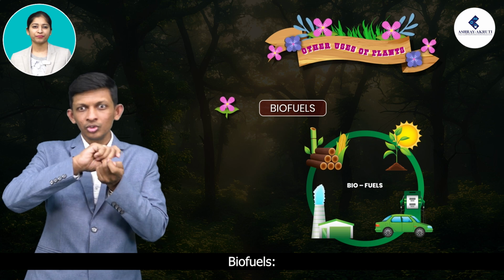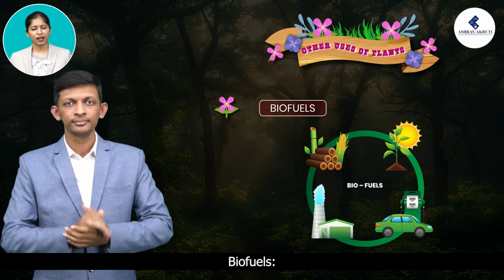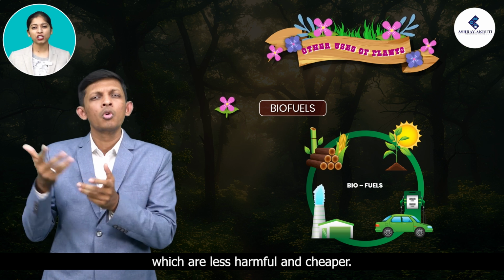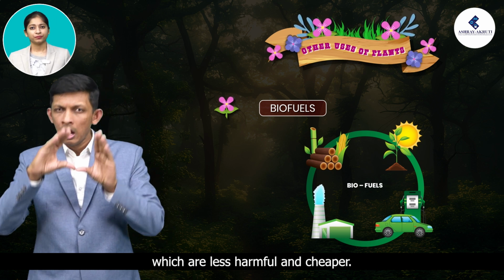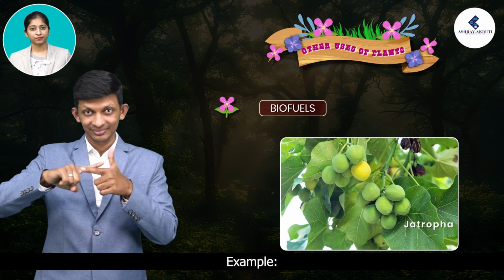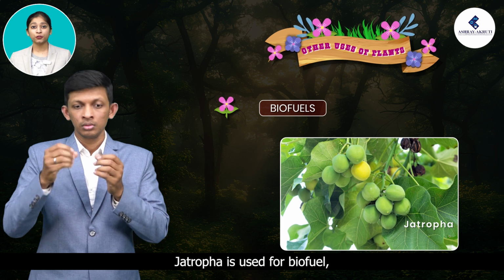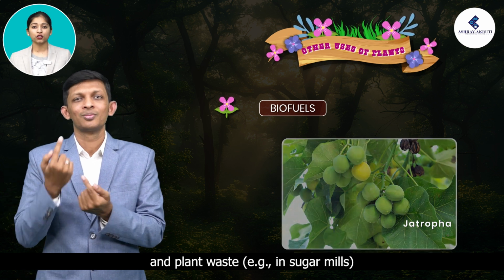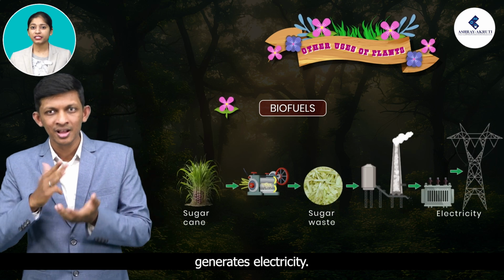Biofuels. Some plants are grown for biofuels, which are less harmful and cheaper. Example, Jatropha is used for biofuel, and plant waste, for example in sugar mills, generates electricity.